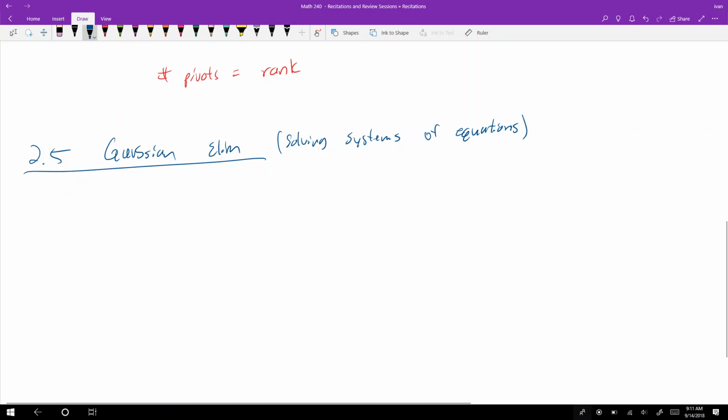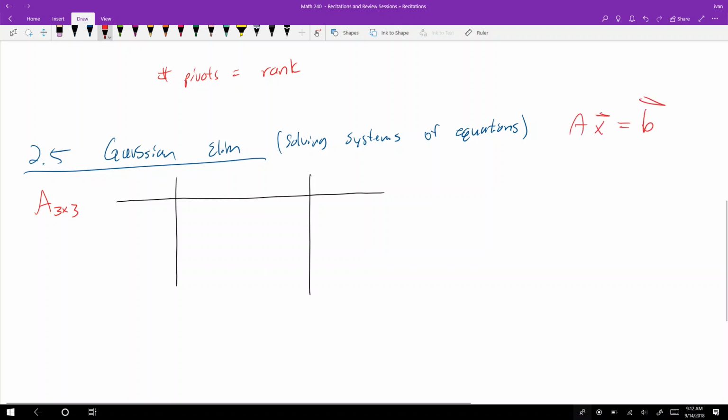Before we start, let's create this table. We're going to deal with A being a 3x3 matrix for now. So again, what is A? We're solving that system Ax equals b. So this A is going to be a 3x3 matrix.